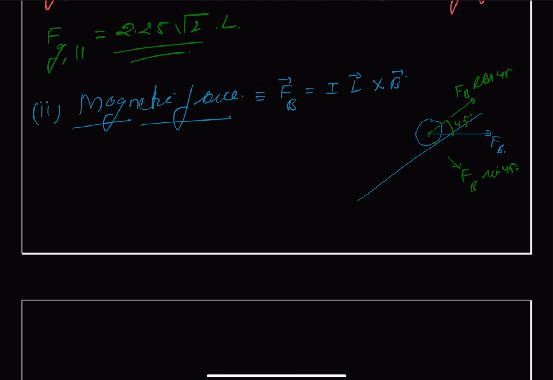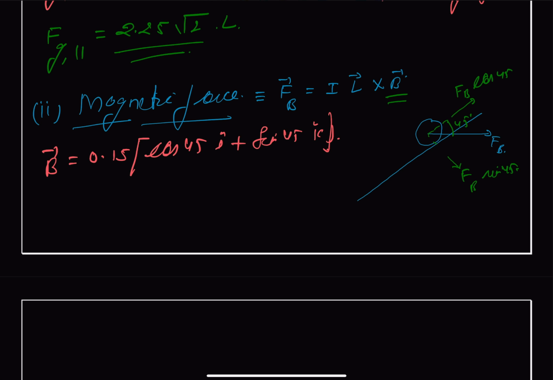So we are interested in this magnetic field, therefore we can say that magnetic field B will be equal to its magnitude, which is given to us as 0.15, times two components: cos of 45 along the i unit vector plus sine of 45 along the k unit vector.